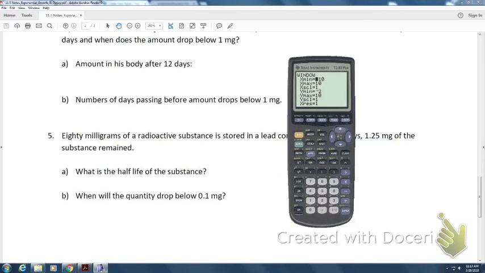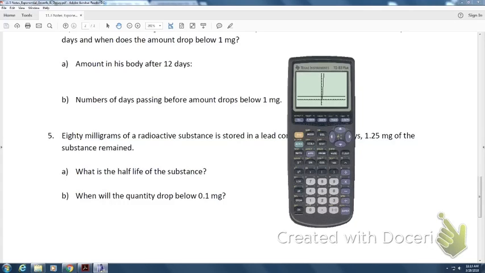To help see it a little better, I changed my y minimum to -2. You don't have to do that. And then I go to the graph. There's my exponential. There's y equals 1.25. And the answer that I'm looking for is where those two cross.